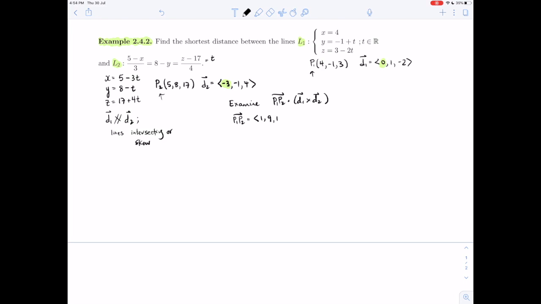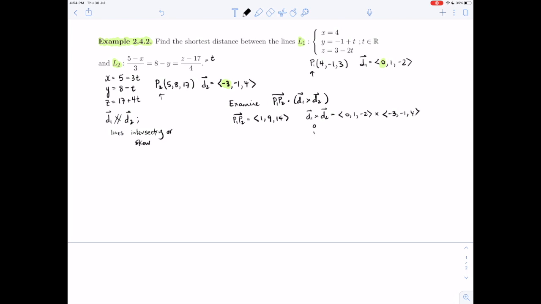Now D1 cross D2, let's evaluate that. D1 is the vector 0, 1, minus 2, and D2 is the vector minus 3, minus 1, 4.